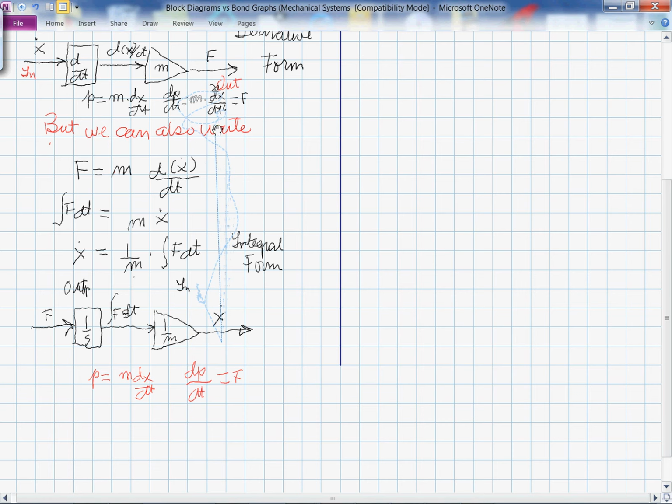On this side we have that dp dt is f, and that x dot is equal to 1 over m the integral of f dt. And this set of equations that you see here are the equations of the integral form. So that's this one here, the integral form, and this equation here is the one of the derivative form.